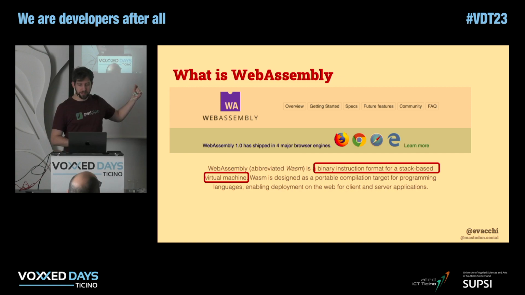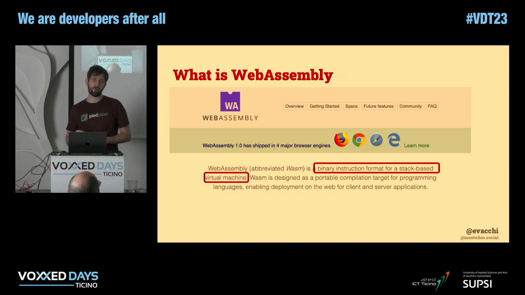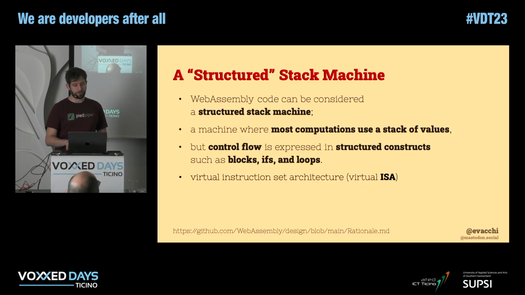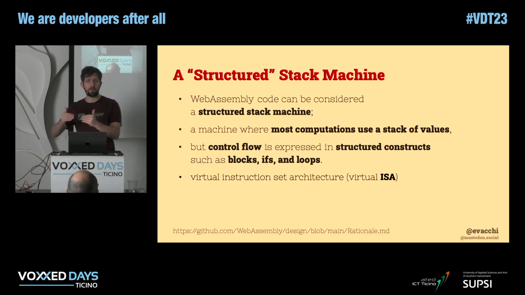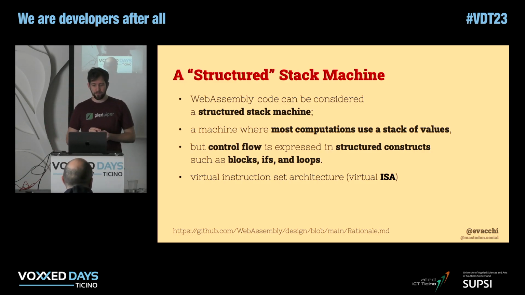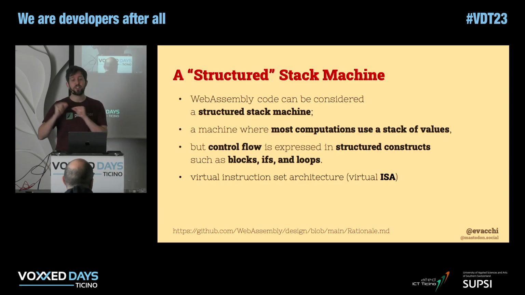Let's focus a little bit on the binary instruction format that I mentioned for a stack-based virtual machine. In what way is this different from the JVM bytecode? So, first of all, yes, the JVM is a stack machine, but the WebAssembly machine is a structured stack machine. So there is a stack of values, but the control flow is structured.